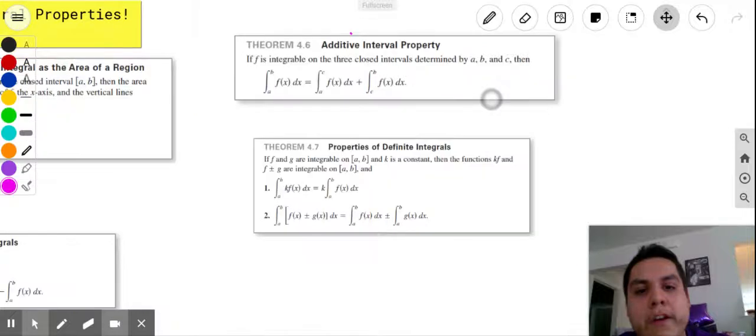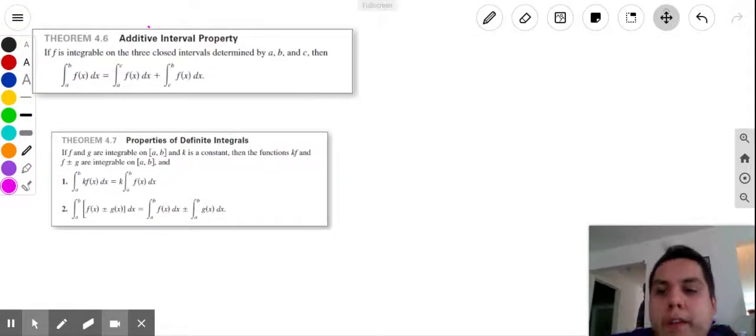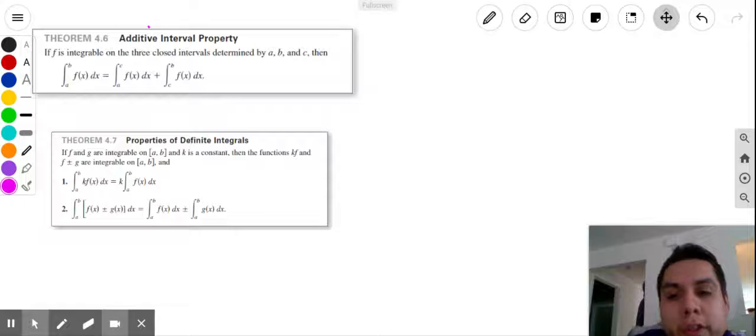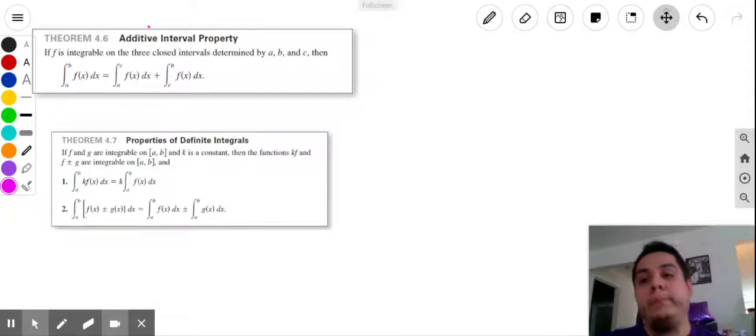Theorem 4.7 states, if f and g are integrable on the closed interval a to b and k is a constant, then the functions kf and f plus or minus g are integrable on the closed interval a to b, and here's what it is.